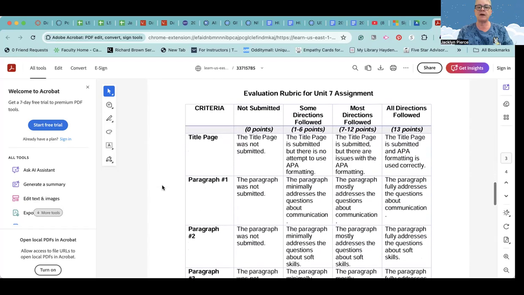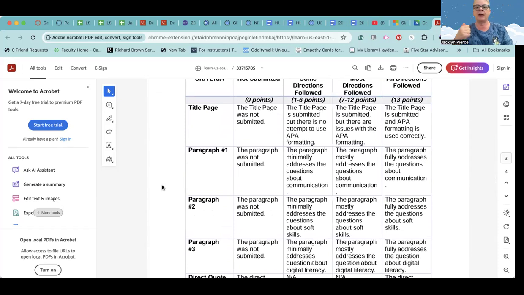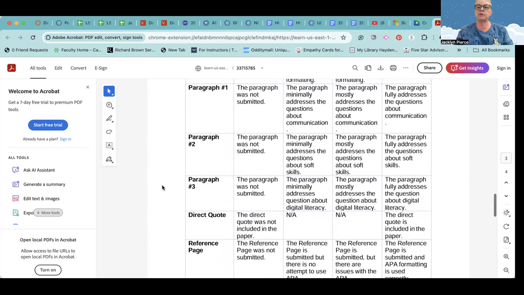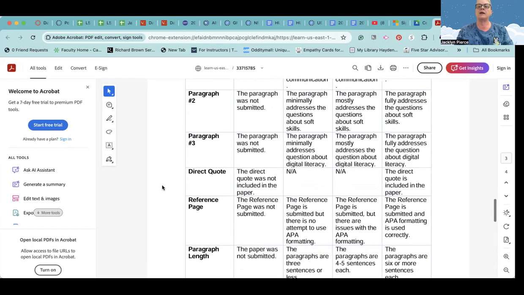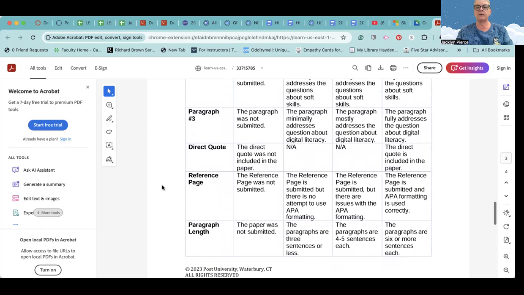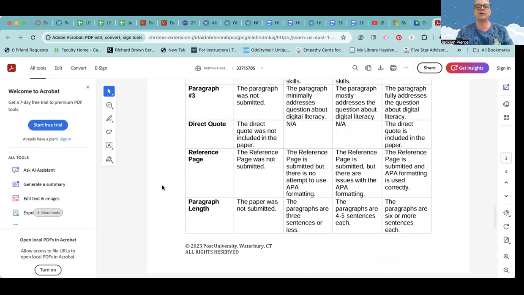The rubric spells that all out. Do you have a title page? Do you have paragraph 1? Does it fully answer the prompt? Does it talk about the questions about communication? Paragraph 2, does it fully address the questions about soft skills? Paragraph 3, does it fully address the question about digital literacy? You either did or did not include a direct quote.